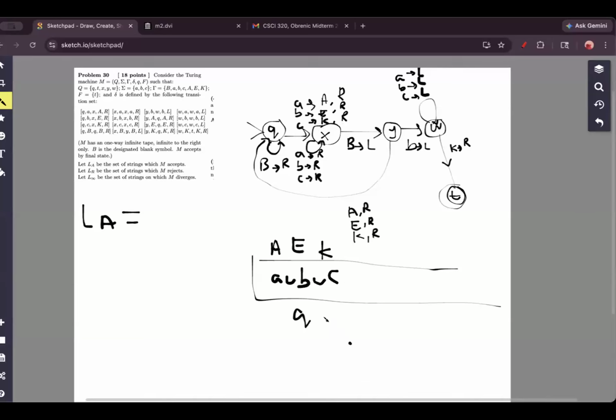In X, they all are turning right, so I'm entering X from the right side. And then I loop on A, B, and C. So my Q: A or B or C star.